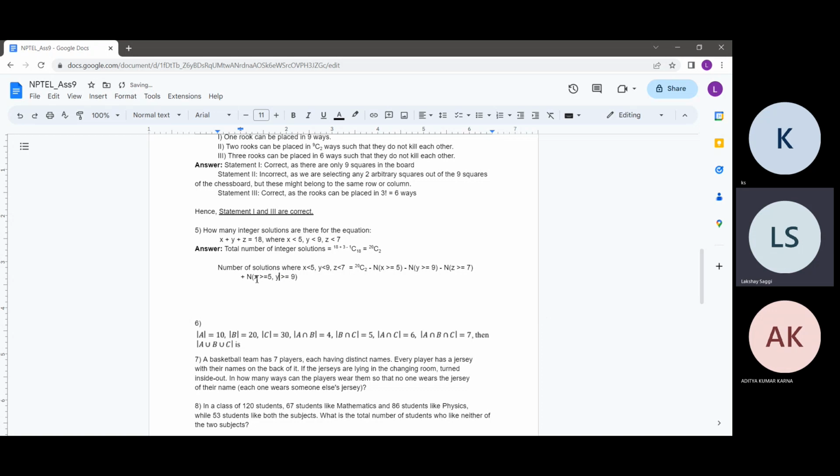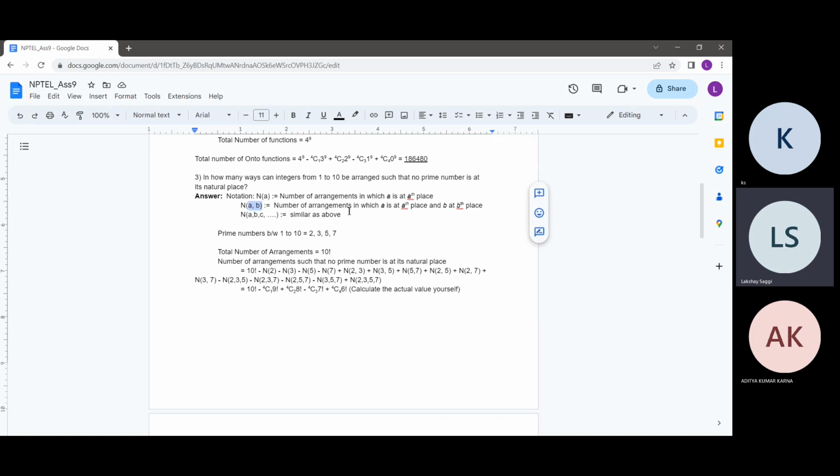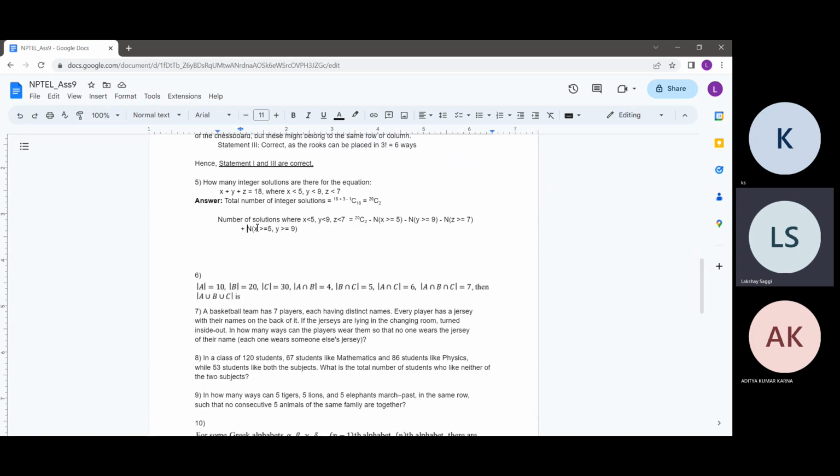You can read this as the number of solutions in which both of these conditions hold true. Like I defined here, n of a, comma, b is where a's condition also holds true and b's condition also holds true. So similarly, this denotes the number of solutions where x is greater than or equal to 5 and y is greater than or equal to 9.